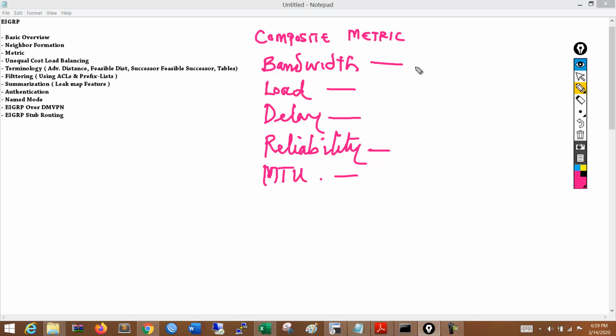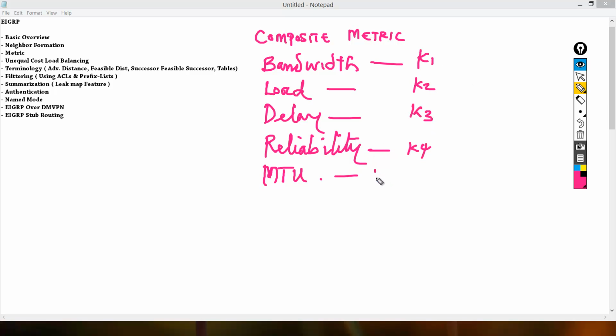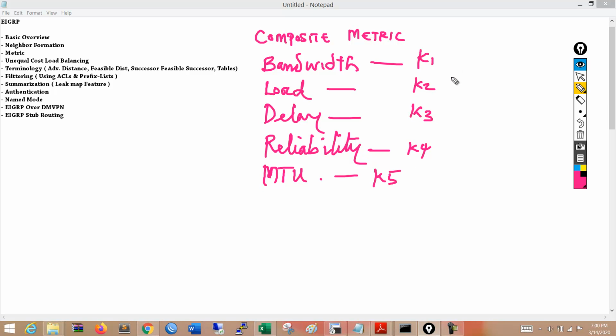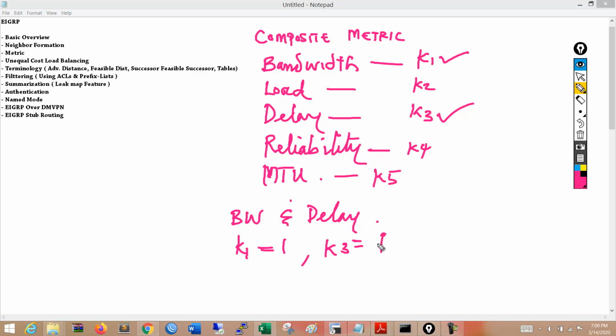But by default, these are K values: K1, K2, K3, K4, and what? K5. So by default, EIGRP uses K1 and K3, that is bandwidth and delay, for its metric calculation. It does not take into consideration all other K values, because only K1 equals 1 and K3 is also equal to 1 in the metric calculation.